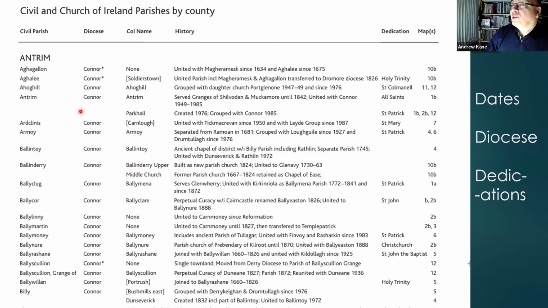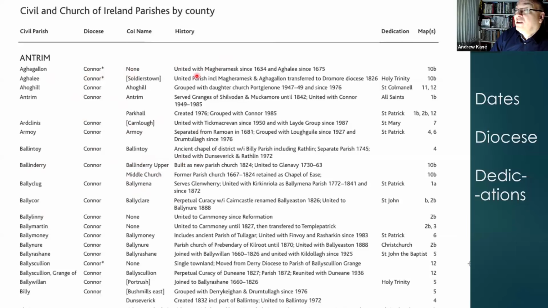And you can see quite often what happened when the population built up. The Church of Ireland tended to create new parishes within the old parishes. So you can see there that Ballinderry was split, Antrim was split, and so on. And some were so small, like Achigallan, that it never had a Church of Ireland church in it.